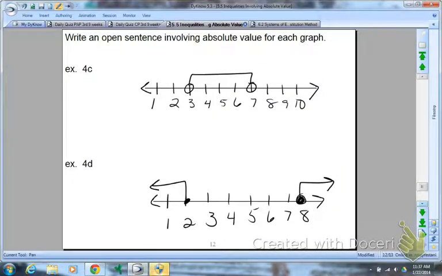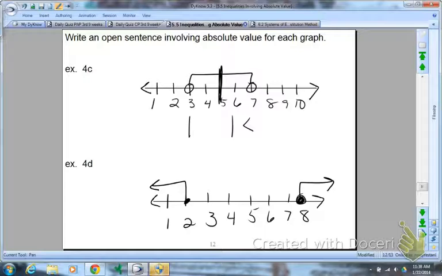Example 4c, is this an and or an or? It's an and. What word goes with and? Less than. So I know it's going to be an absolute value is less than. Is it going to be less than or equal to, or less than? Less than, because it's an open circle. So what's right smack in the middle? 5. So here's the middle. So it's always x minus the middle.